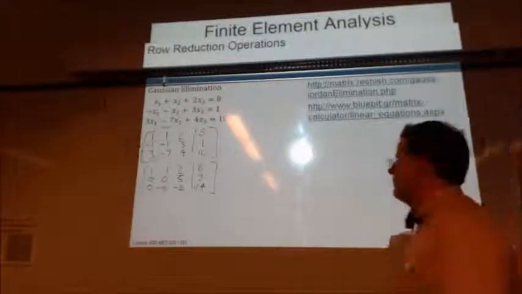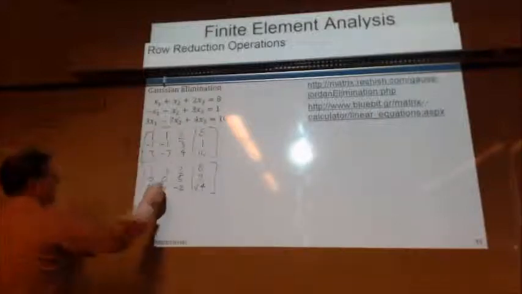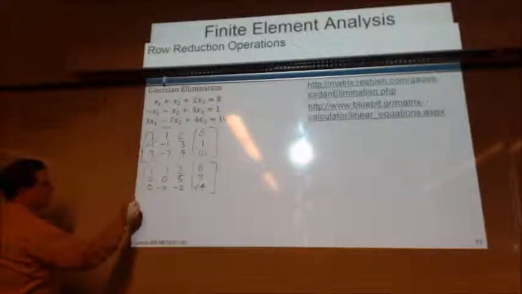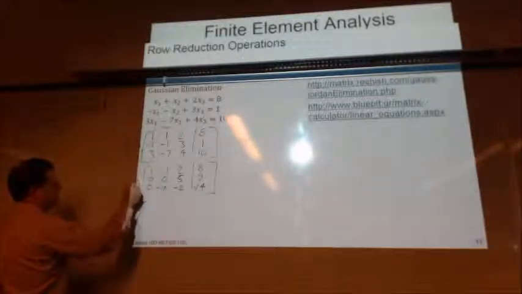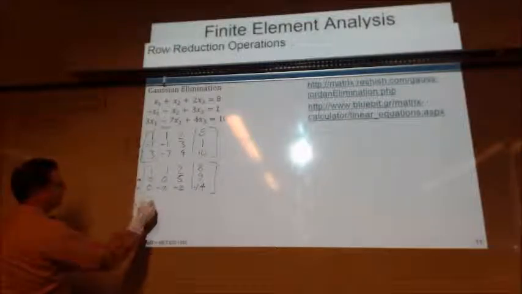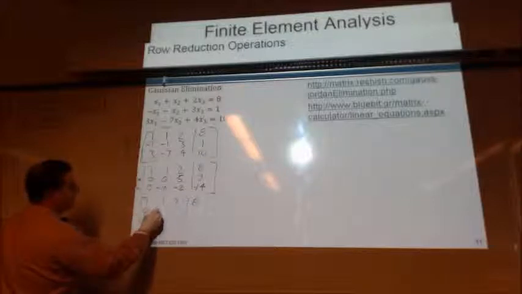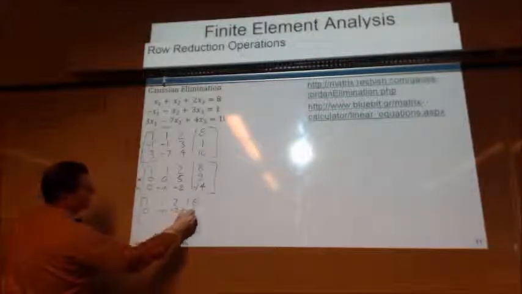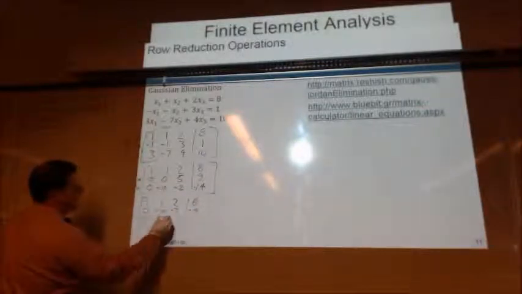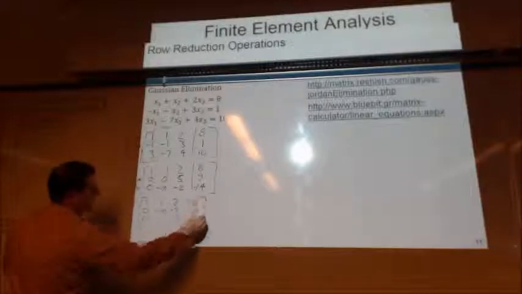Well, we'll keep going. Okay, so I need to get a 1 in this position, so I have to switch these rows, right? So 0, -10, -2, -14, 5, and 9.